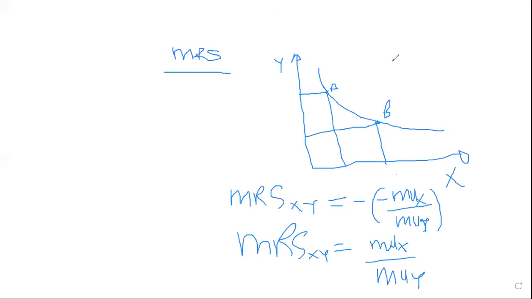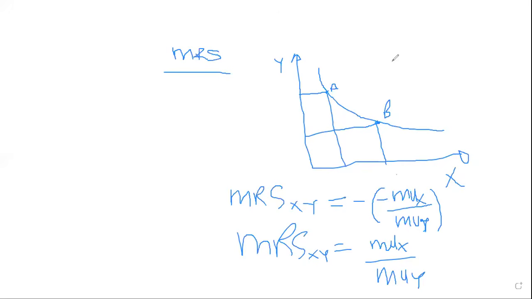So you know what marginal rate of substitution is and how you can get it, it being the negative of the slope of the indifference curve. And the slope of the indifference curve is already negative, so negative will give you a positive figure.